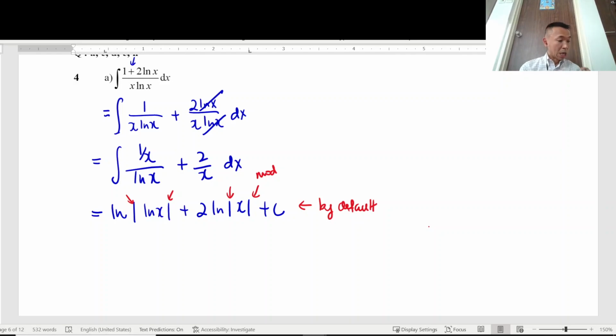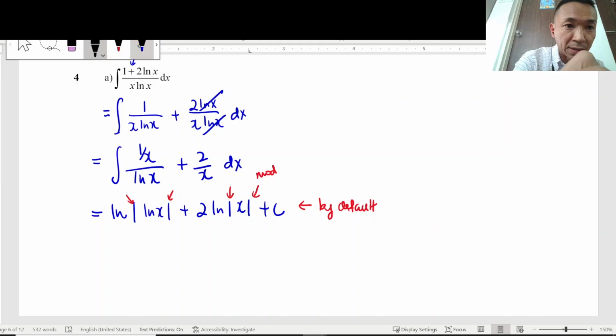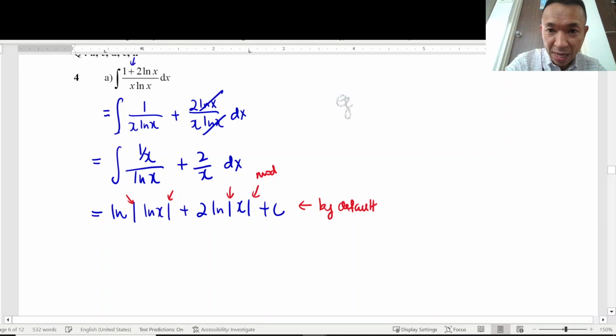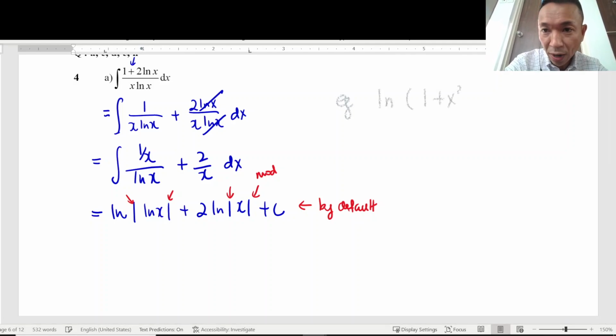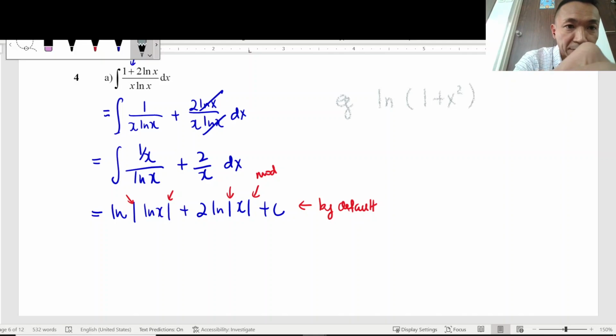Alright. In some cases, let me give you an example. If it is ln 1 plus x squared, why is the ink like that? Okay, let me edit this.